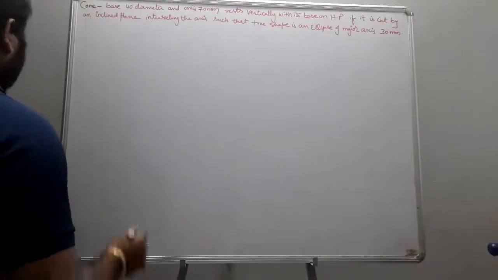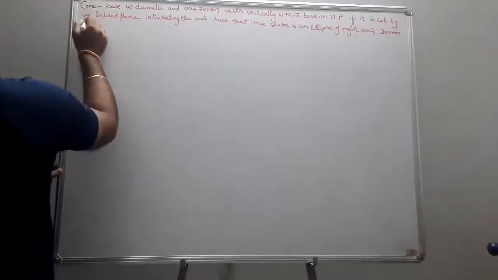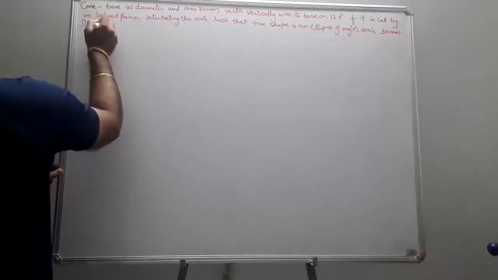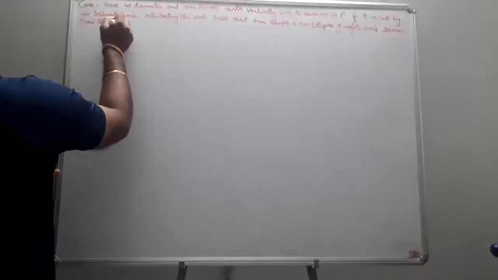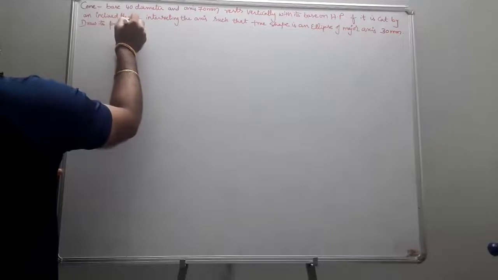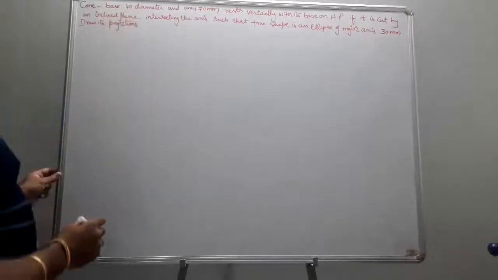Draw its projections. So this is also a problem in such a way that he didn't give the inclination of the section plane. He just gives that the true shape is an ellipse of major axis 30.